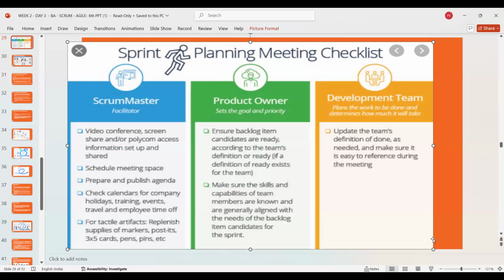So why are we talking about this? As a Scrum Master, as a facilitator, as a meeting conductor in one way, you should be aware that there will be enough availability of required team members, required stakeholders for the meeting.